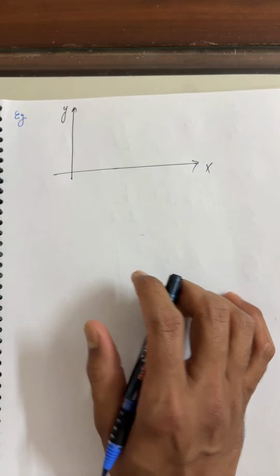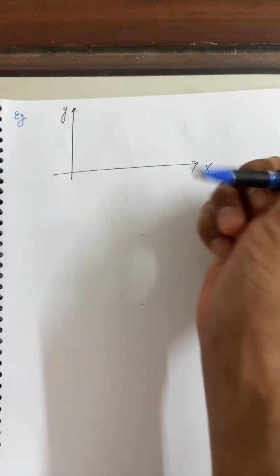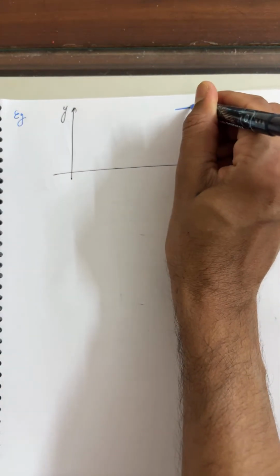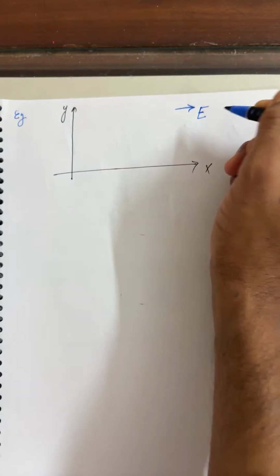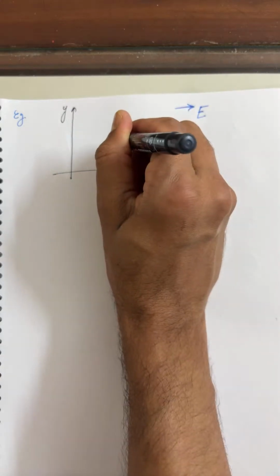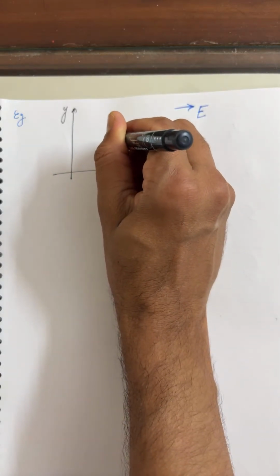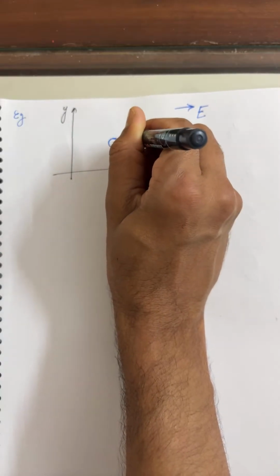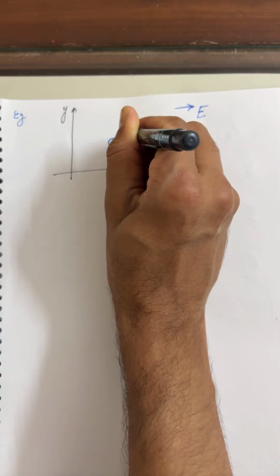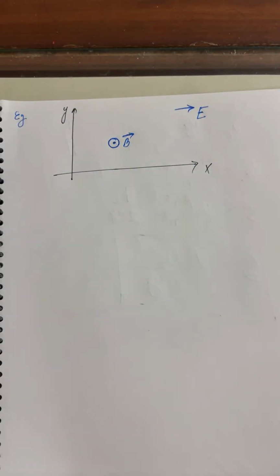Both fields are there. The electric field is along the x-axis, and the magnetic field is in the positive z direction. This is the direction of the magnetic field.